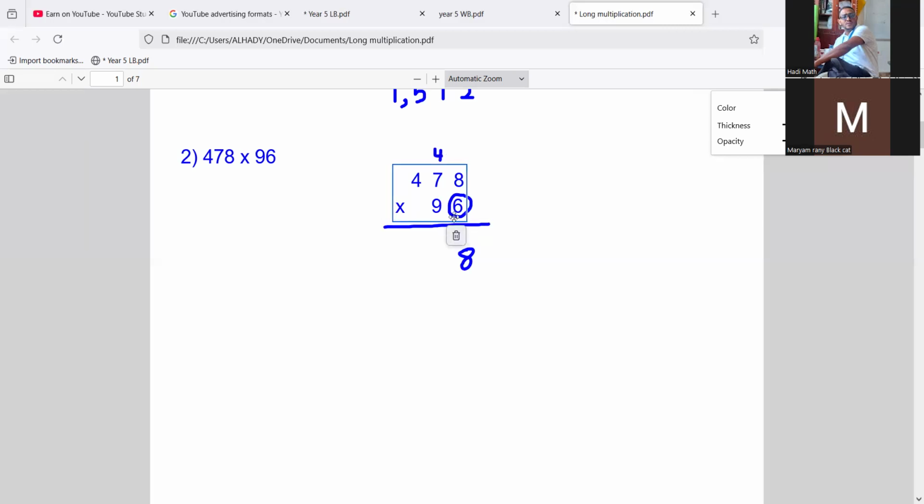Okay, now you multiply 6 by 7. 6 times 7 is equal to 42. 42 plus the 4 is going to be 46. You write down the 6 and you carry over the 4.